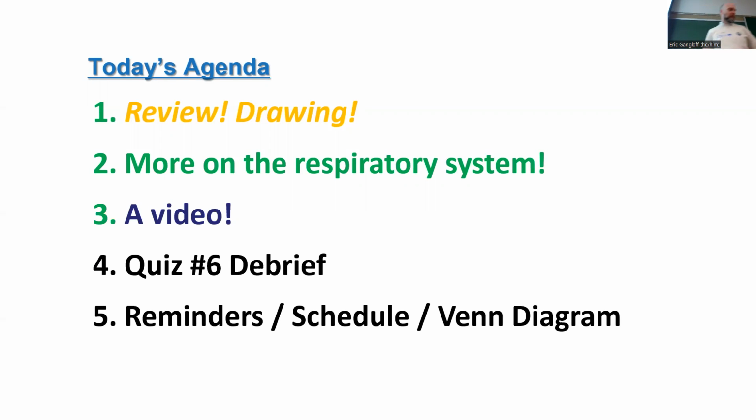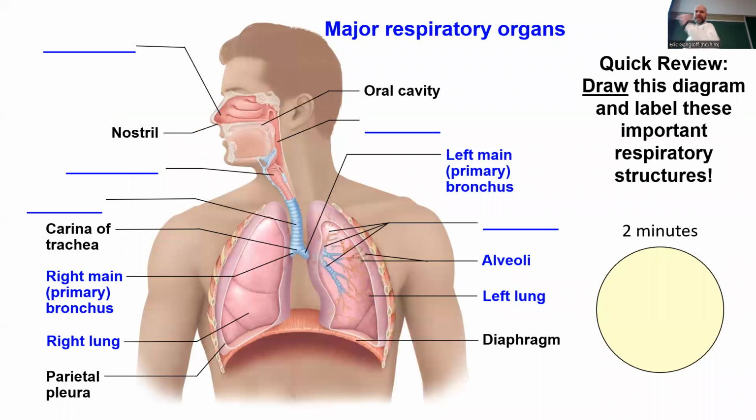I know that it's not Friday, but since it is our last lecture, I do have a Venn diagram on your way out. So get us thinking about the respiratory system again. Here is a diagram. I left most of the stuff labeled because we haven't talked about it yet. But go ahead and draw this diagram and fill in 1, 2, 3, 4, 5 blanks.